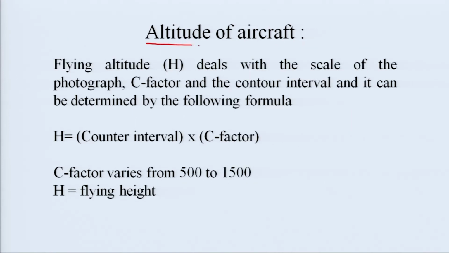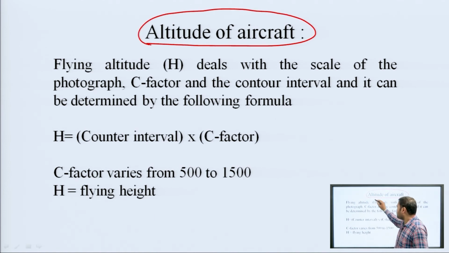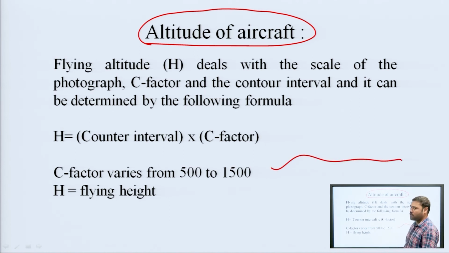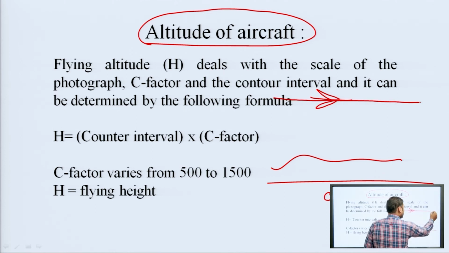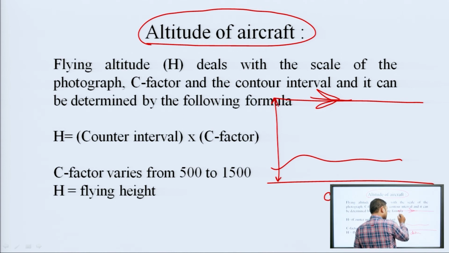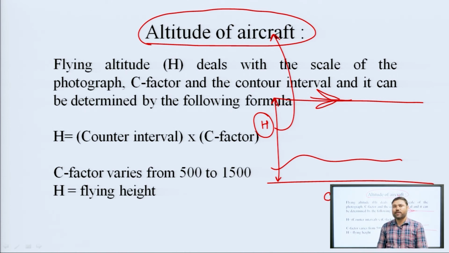Now, talking about the altitude of aircraft. What is the altitude of aircraft? Altitude, that is H. If this is the ground and this is the datum, assuming the aircraft, then this is the line of flight, and this total distance H is defined as the altitude of the aircraft.